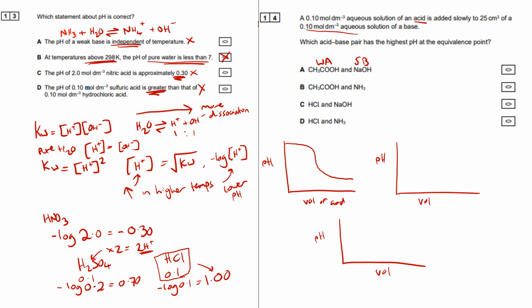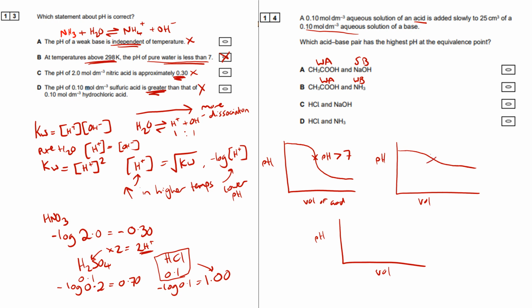But at the equivalence point, the pH is going to be greater than 7, probably around 9 or so. So the pH would have a high equivalence point. For B, we have a weak acid and a weak base. If you've got a weak acid and weak base, you don't actually have an equivalence point.